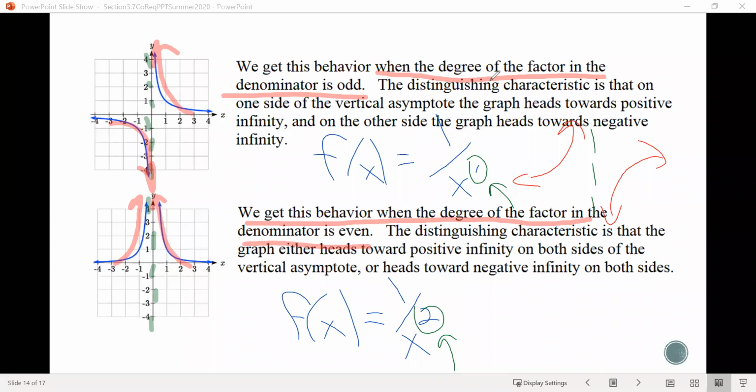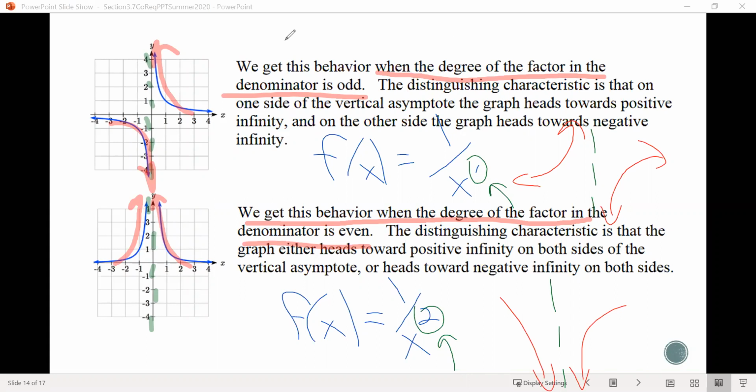So anytime the power of the term relating to a vertical asymptote in the denominator is even, the tails go in the same direction. Just like with the ones above, it doesn't have to be exactly like the reciprocal squared function. They could both go down. Both tails could go down like this.